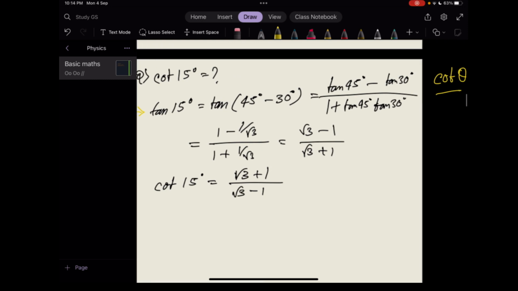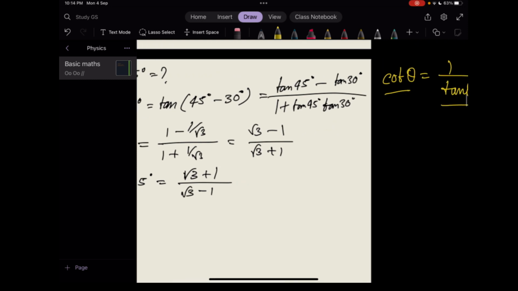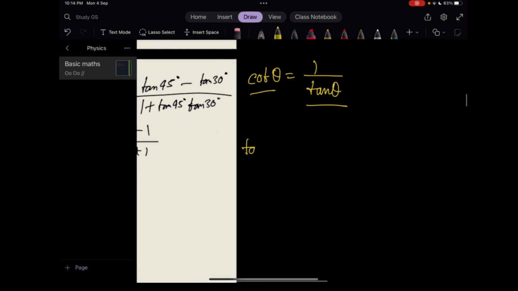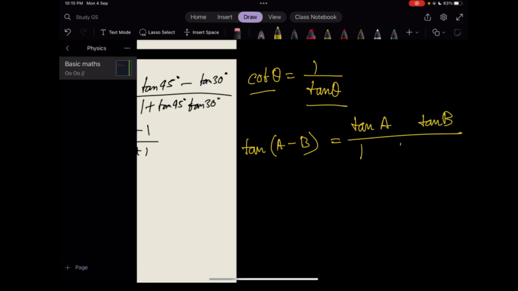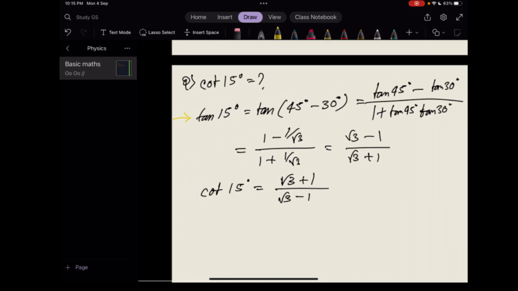So here I have to use tan a minus b. So what is tan a minus b? Simple, tan a, tan b divided by 1, tan a tan b. Now if it is minus, put minus here. If it is minus, put the opposite sign here, that is plus. So I have the answer.